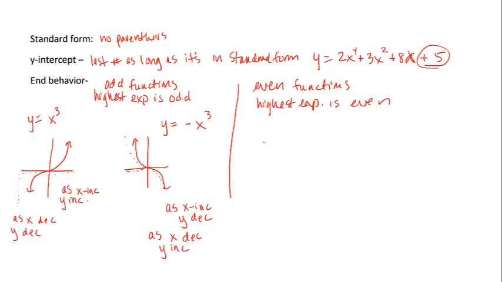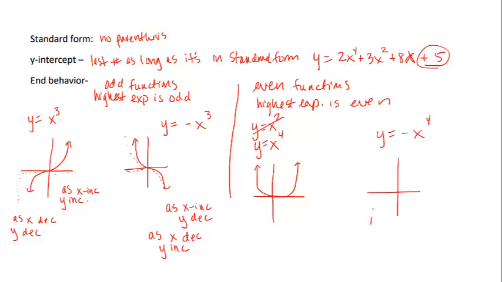Now with even functions, you've done problems like x squared, so we're not going to focus on that. Let's go ahead and do x to the 4th. X to the 4th looks very similar to x squared, except it's going to look like an exaggerated U, not so much a parabola. And then if I have a negative out front, it's going to go the opposite.